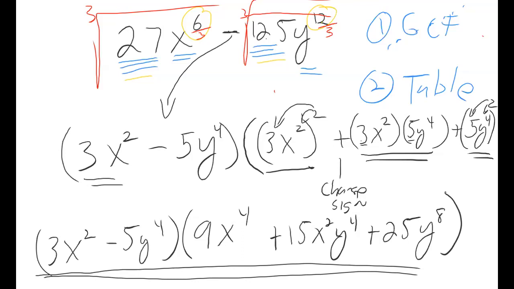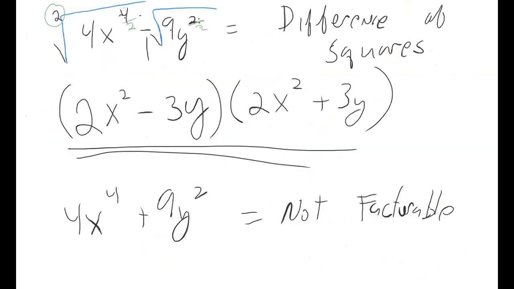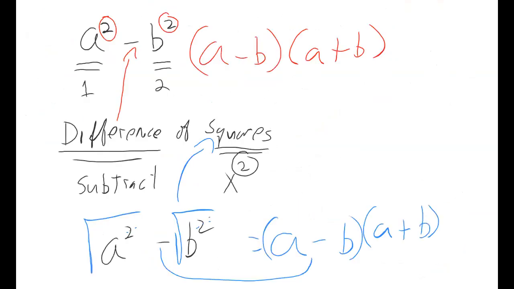Now the formulas have a pattern, right? The whole squaring, multiplying, change the sign, so it helps. But it really does come down to knowing those horrible formulas for the sum and difference of cubes, and knowing the formula for difference of squares.